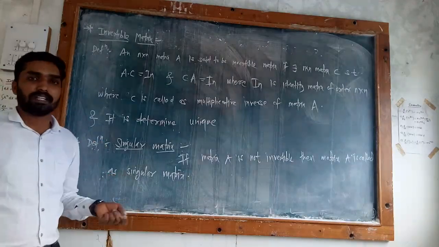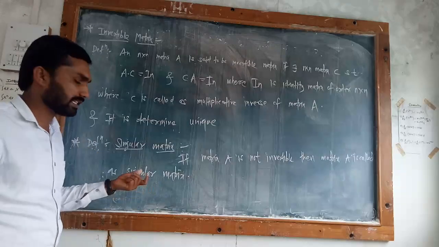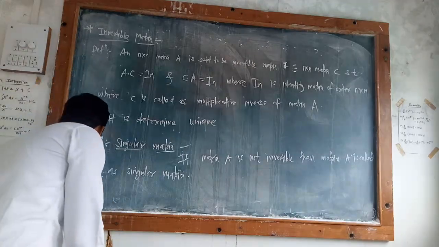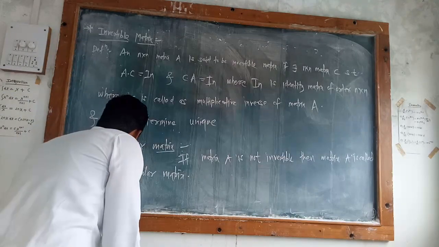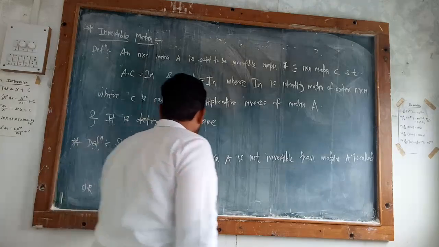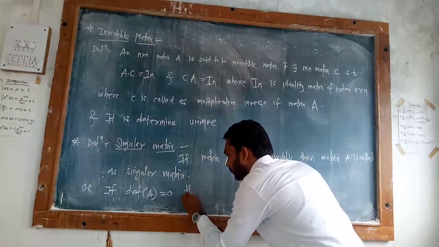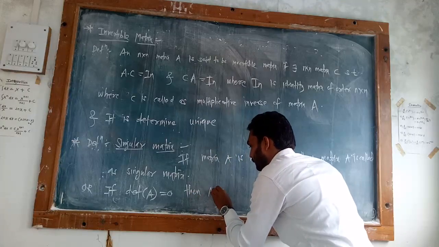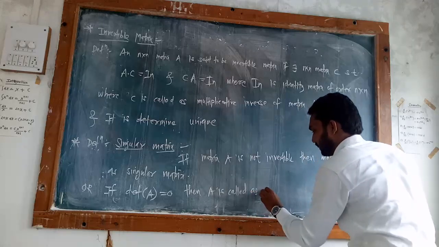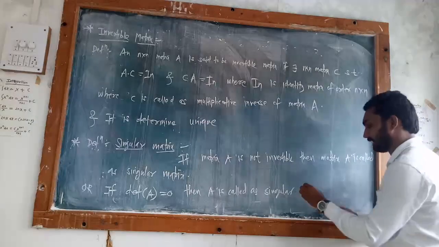Or in another way, if the determinant of the matrix is zero, then this matrix is called a singular matrix. If the determinant of A is 0, then A is called a singular matrix.